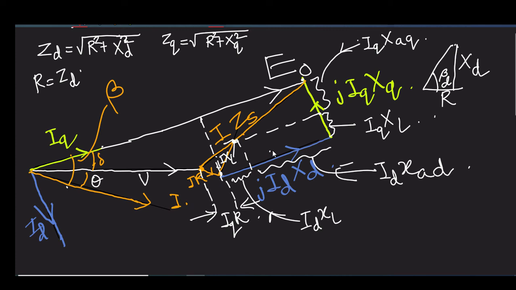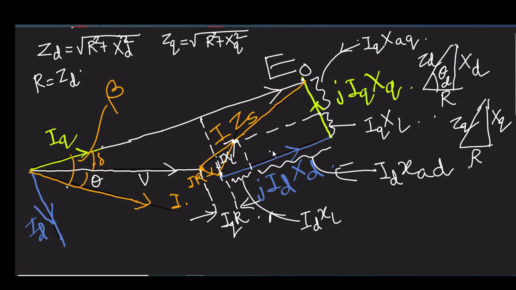Let us give it a name: theta d. So this is our angle theta d between R and XD. Here we have ZD, and another triangle with R, XQ and ZQ.